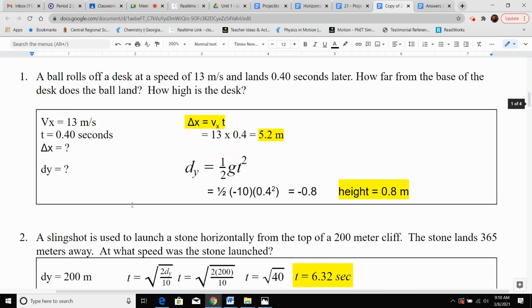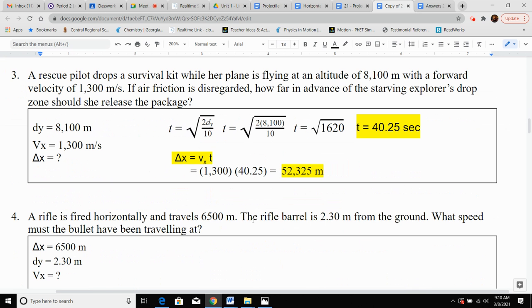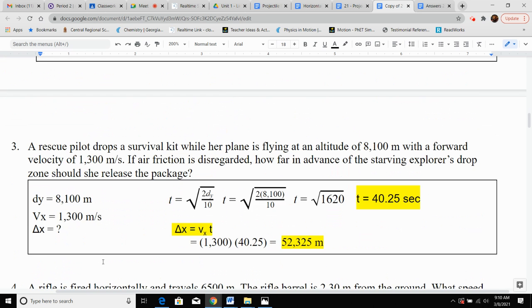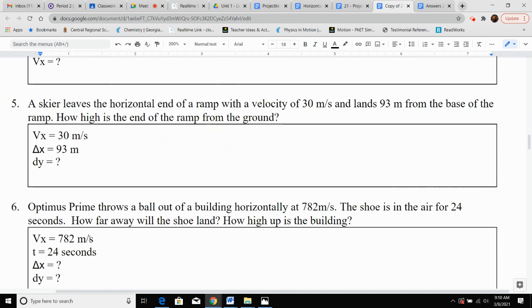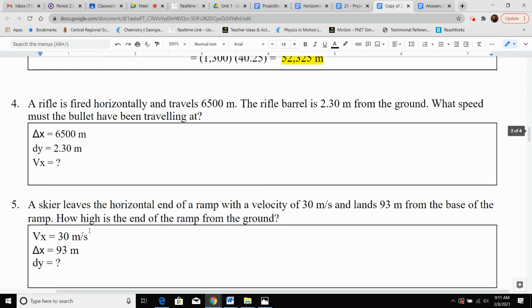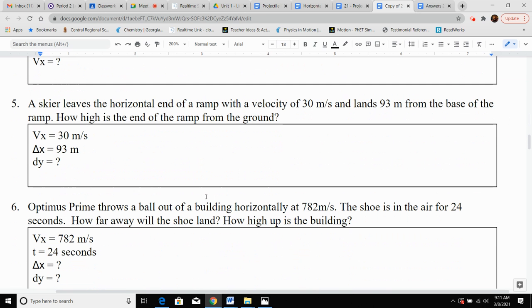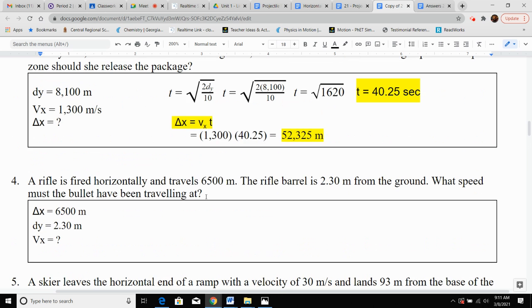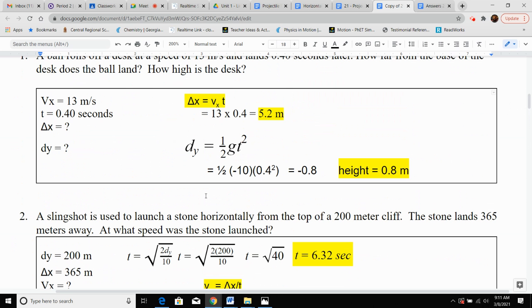To solve for that, my equation is this one here. Oh, wait, no, we did do this. We did one just like this. So we did Vx. So number 4 is like number 2. Number 5 is like number 1. And number 6 is done just like number 1 as well.